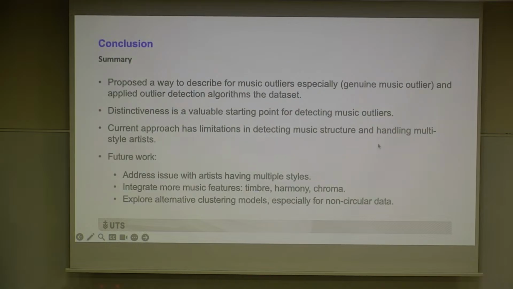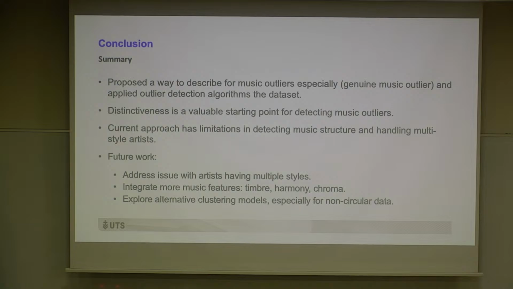So to summarize our work, we proposed a way to describe music outliers, especially general music outliers, and applied outlier detection to our dataset. Secondly, we found that the property of distinctness is a viable starting point to detect music outliers.